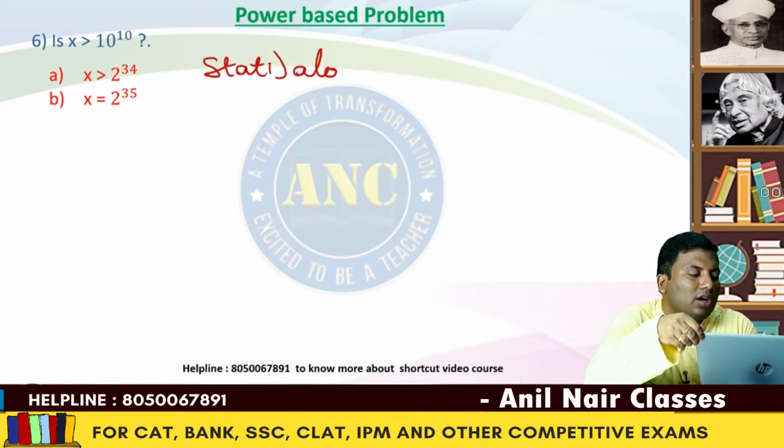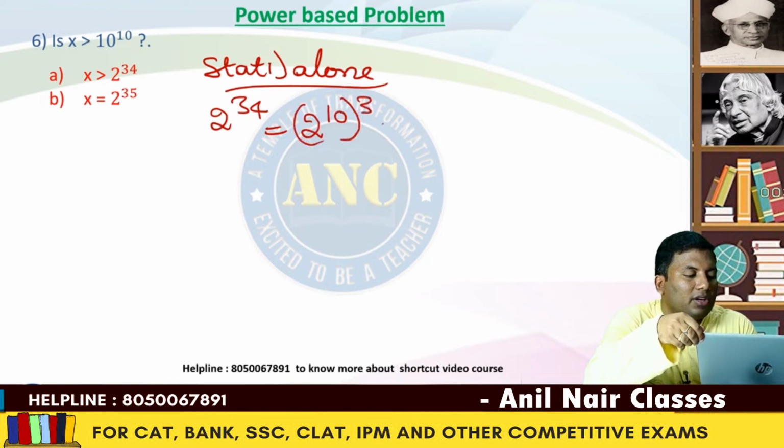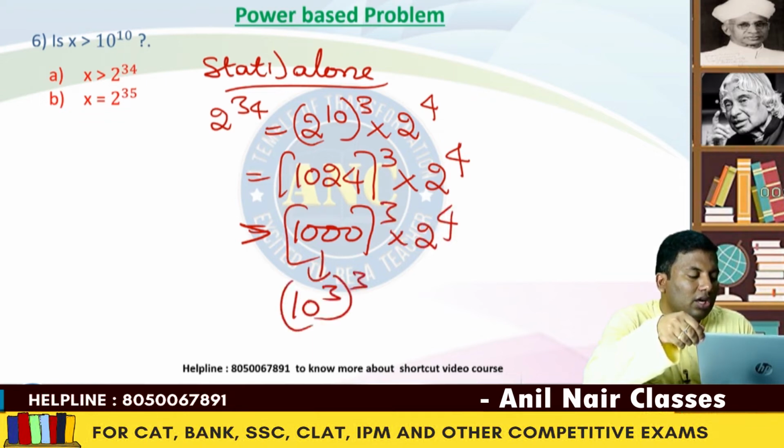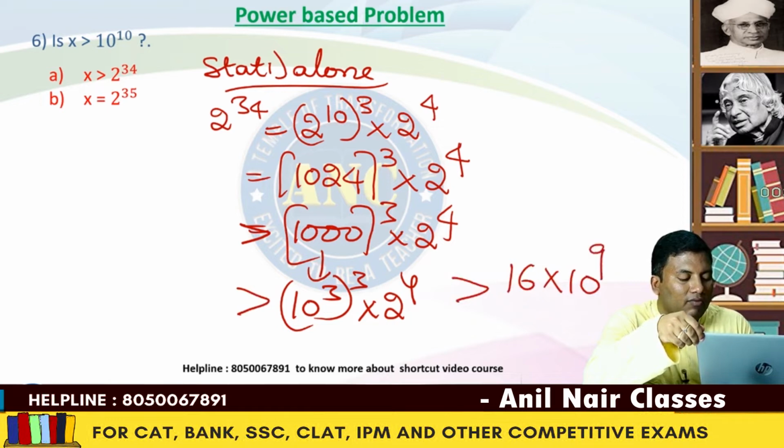Taking statement 1 alone, 2 power 34 can be written as 2 power 10 whole power 3 into 2 power 4. 2 power 10 is 1024, and 1024 is greater than 1000. So 1000 power 3 into 2 power 4, where 1000 is 10 cube, which is greater than 16 into 10 power 9, which is 1.6 into 10 power 10.